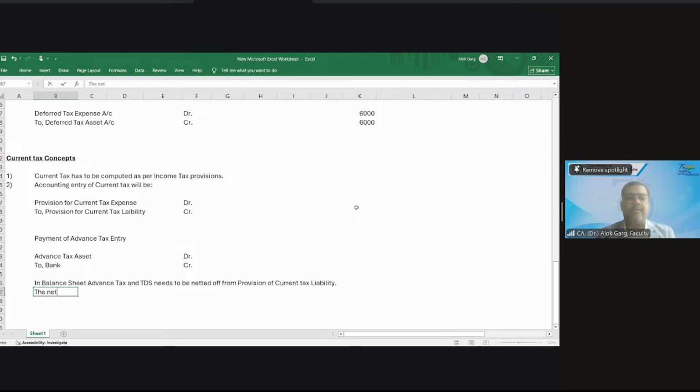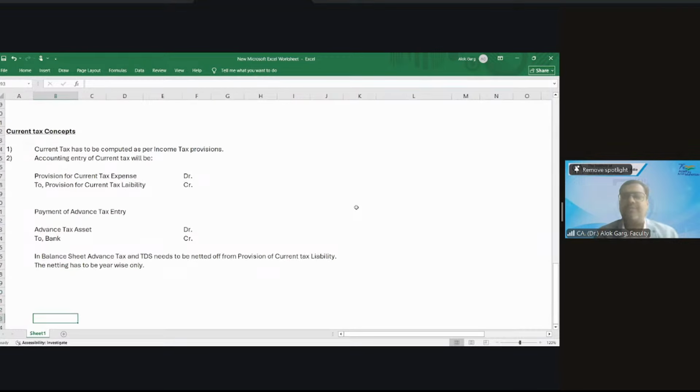The netting has to be year wise. It is not that last year's advance tax and TDS has to be offset from the current year tax. Okay.